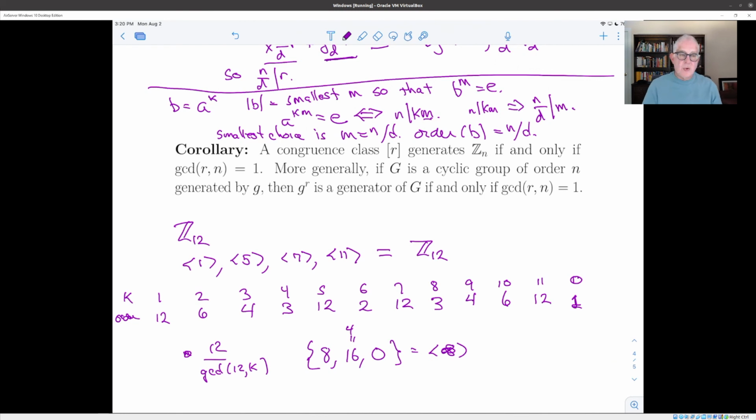So these are the orders of the elements in Z12. And you notice they're all divisors of 12, and that's also a consequence of the fact that the order is n over d, because n over d is a divisor of n.